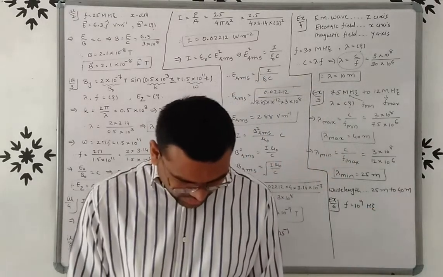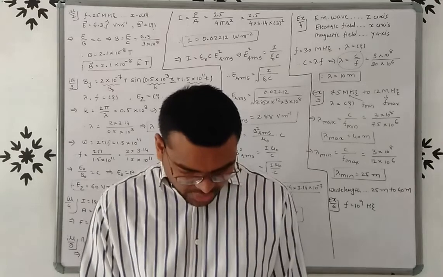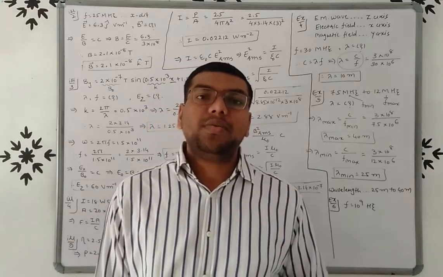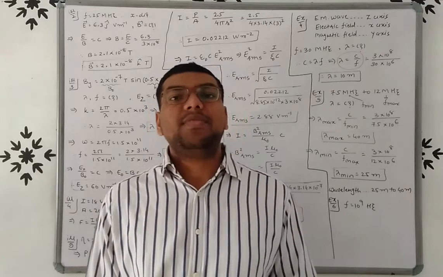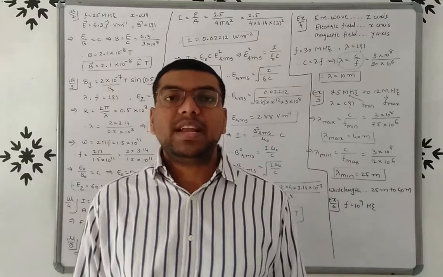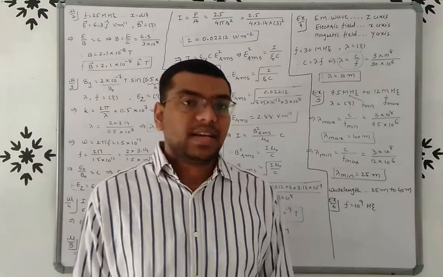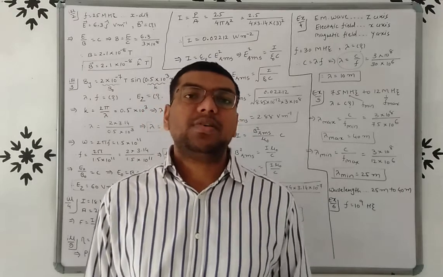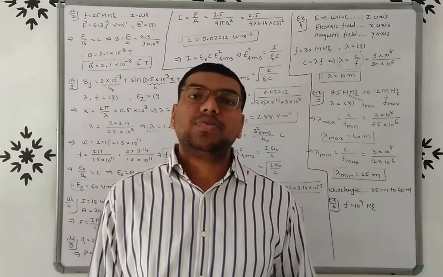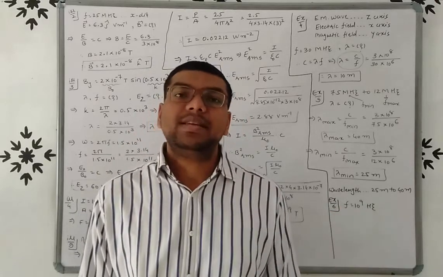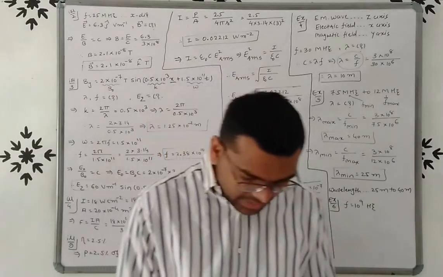What is the frequency of electromagnetic wave produced by the oscillator? We already know that the frequency of EM wave is same as the frequency of oscillator, right? We already discussed this concept in our introduction. The frequency will always remain same, frequency of EM wave that is equals to frequency of oscillator. So here frequency will be same, 10 raised to 9 Hz, right?